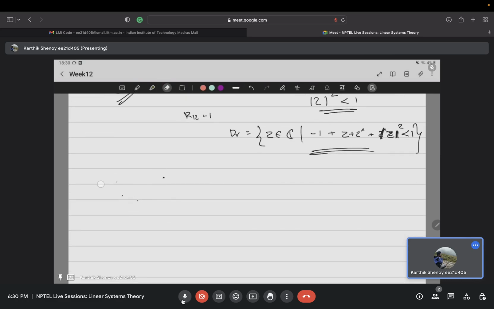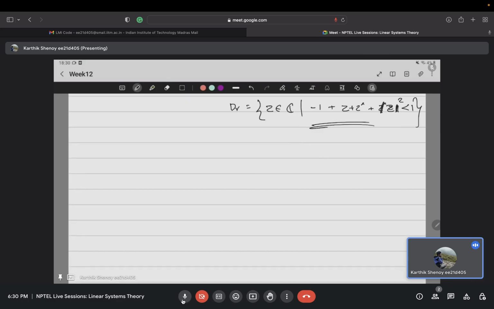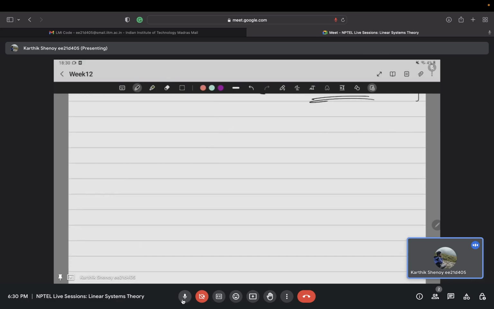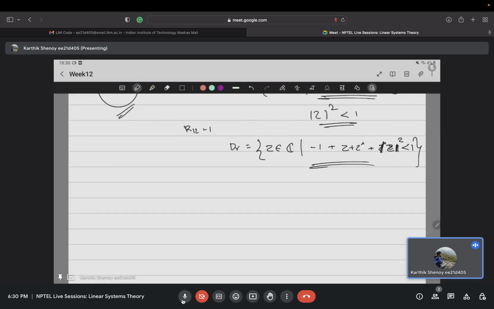So, that is called D_R stability, and D_R stability implies all the eigenvalues of A are inside the D_R region. So, how do you check for that? Let us take A belonging to R n cross n.